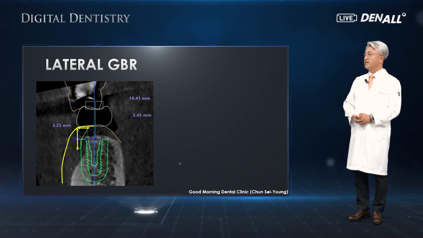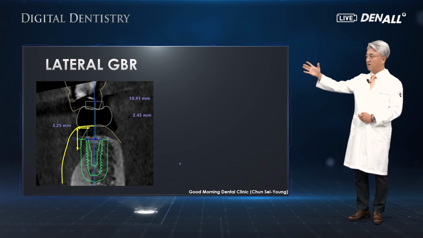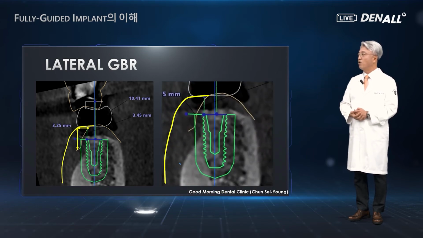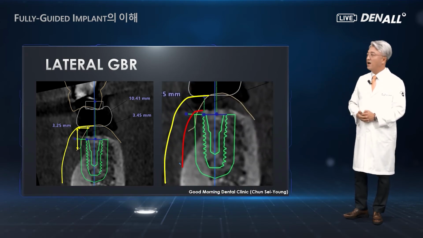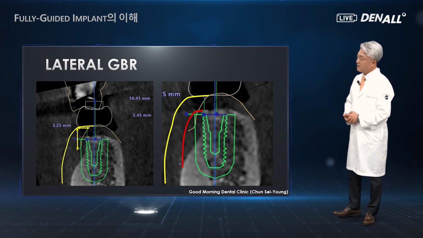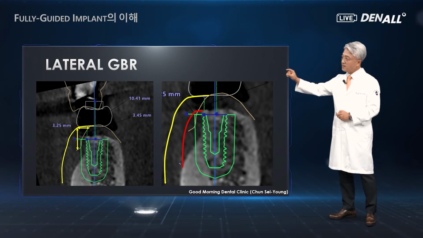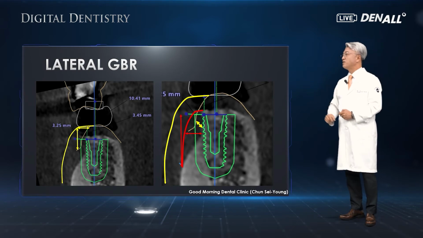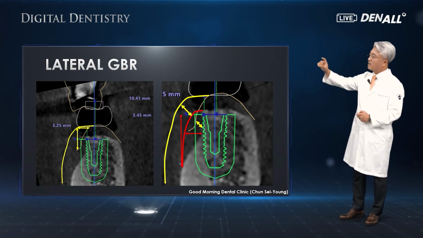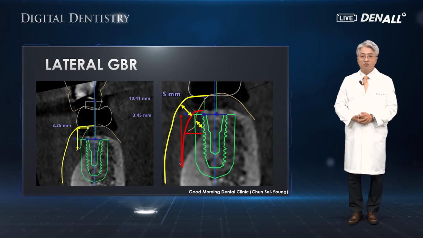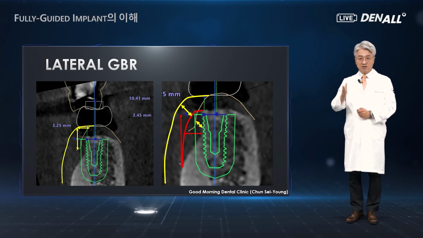GBR is planned. So the gingiva will be raised superiorly and buccally. Then this much bone graft is needed. If you look at the actual thickness of the gingiva before bone grafting, it is pretty good. If we need this much gingiva thickness, not only the bone graft but also soft tissue graft is needed.